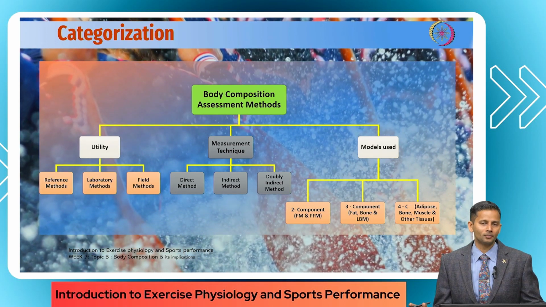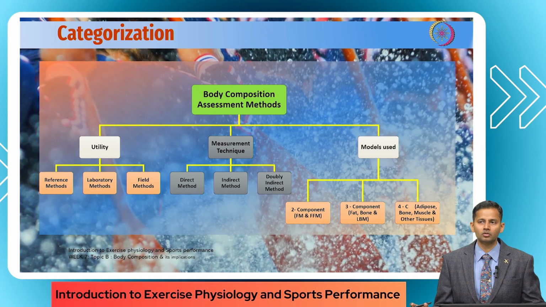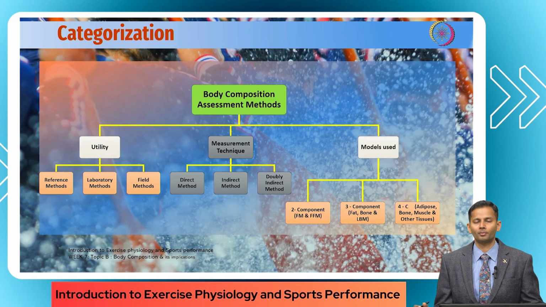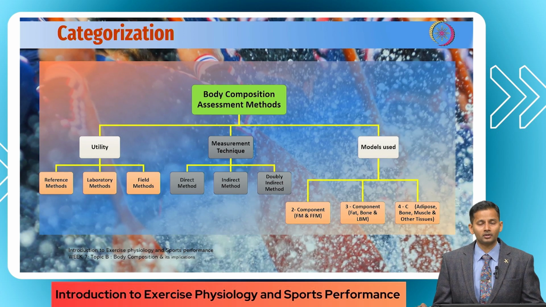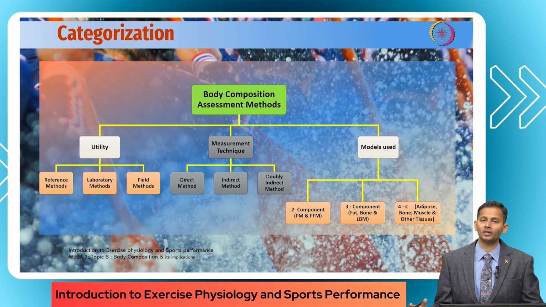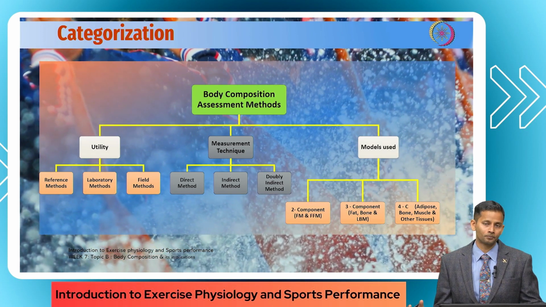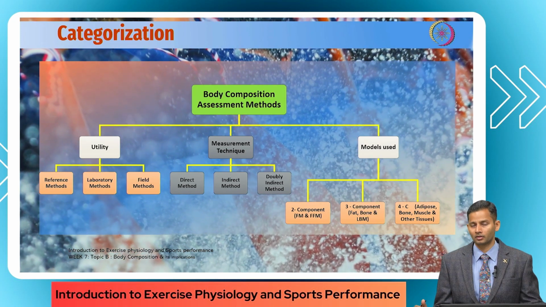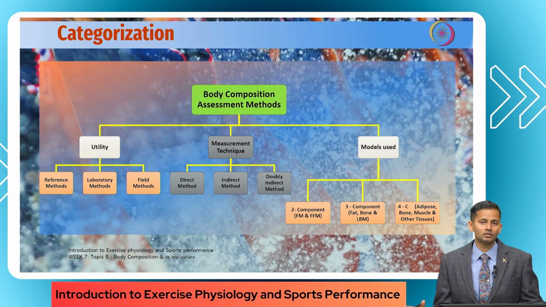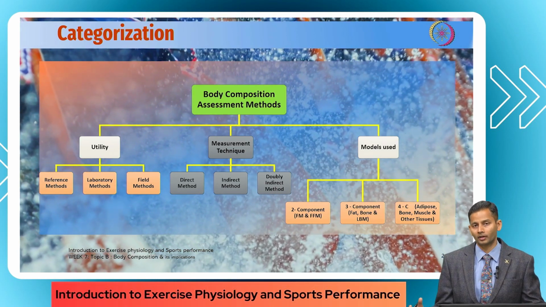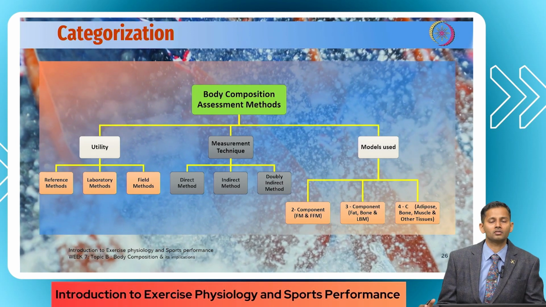Reference methods are those used as reference standards, like the cadaveric method, which is no longer being used because of ethical considerations. Laboratory methods are used predominantly in the lab, and they are more costly, and there may be some limitations with respect to that. Field methods obviously are utilized in the field, they are more user friendly, but they have certain limitations.